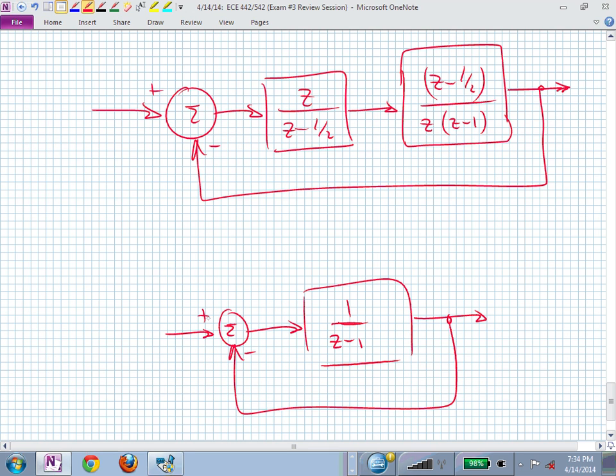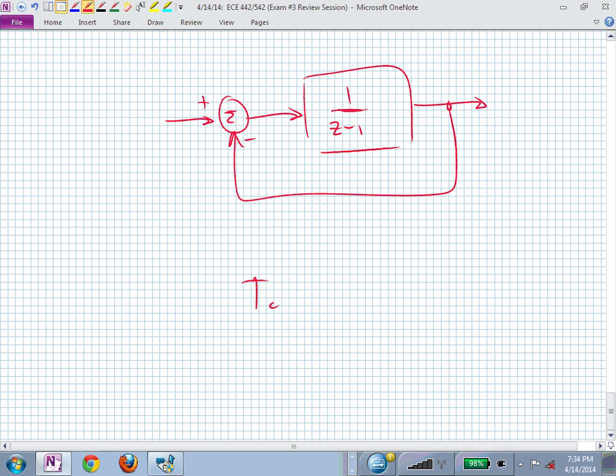And now my closed loop system between R and Y is just that forward branch over 1 plus that forward branch: 1 over Z minus 1 over 1 plus 1 over Z minus 1.